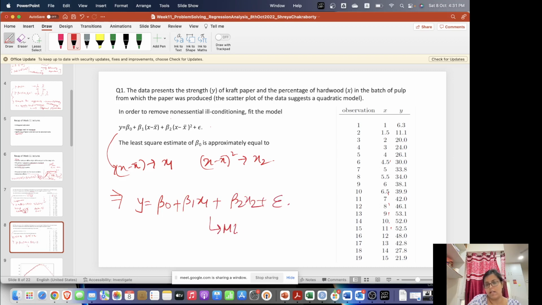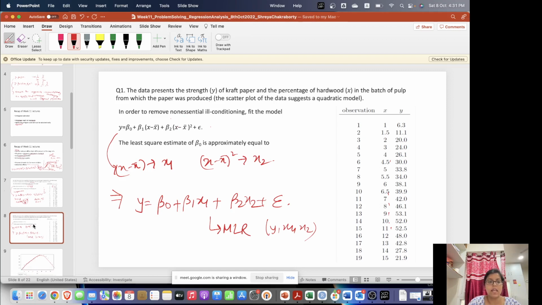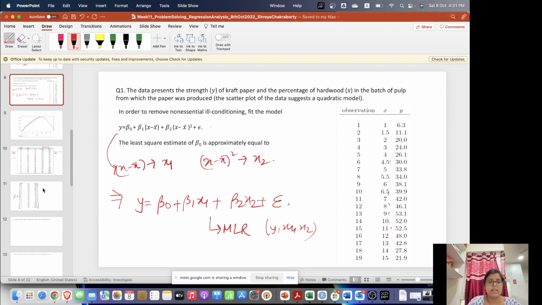So this is a multiple linear regression in y, x1 and x2.